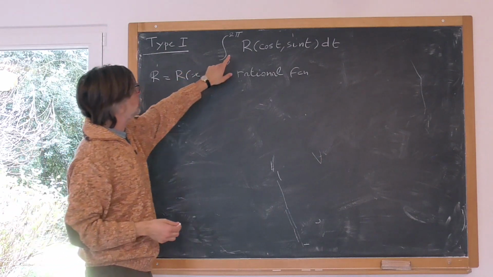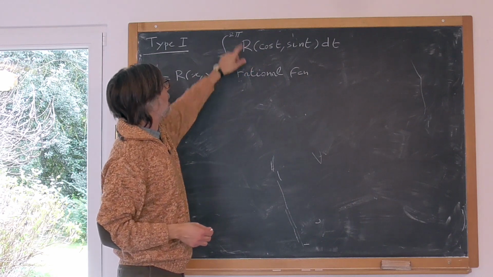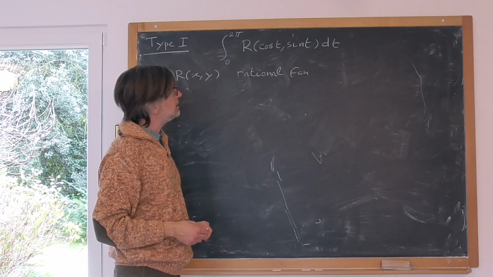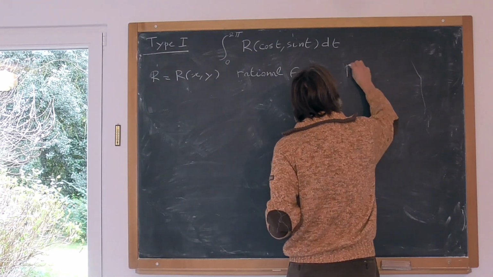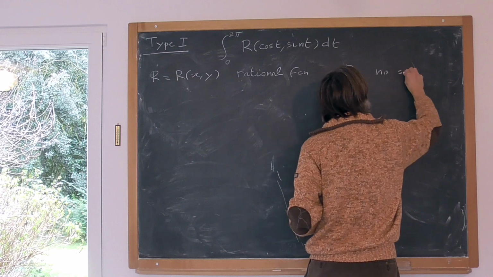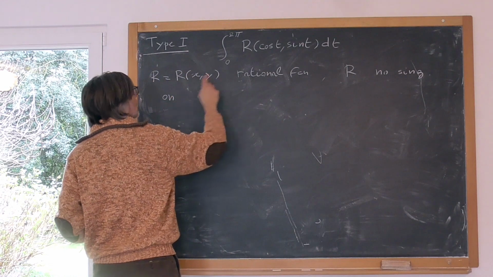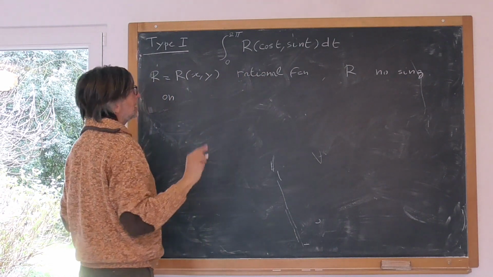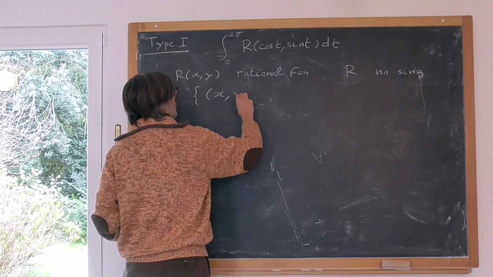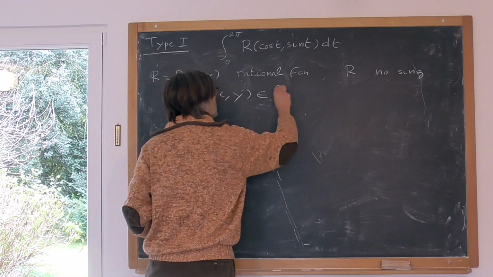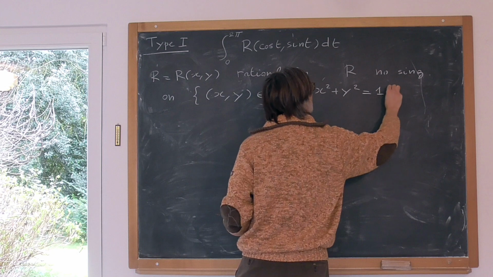And the assumption is that we want this function to be well defined on this interval, meaning that R has no singularities on the pair (cosine, sine), which lives on the unit circle: (x, y) in R squared with x squared plus y squared equal to 1.